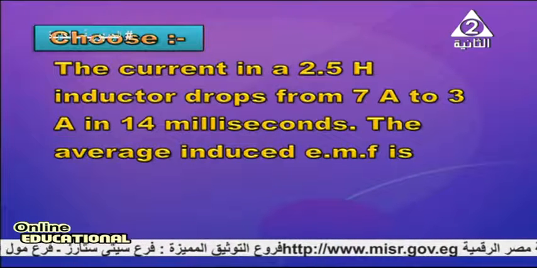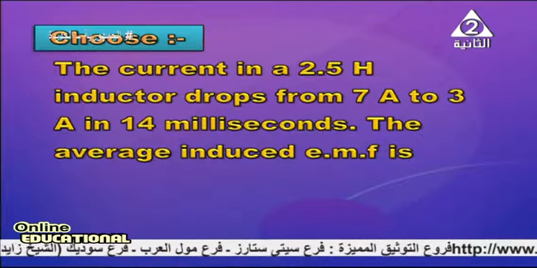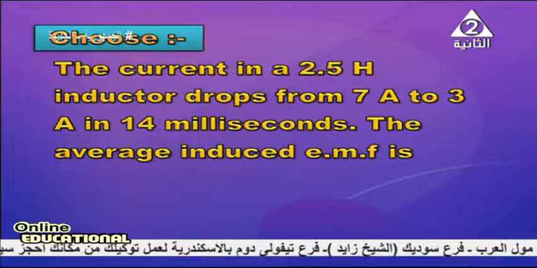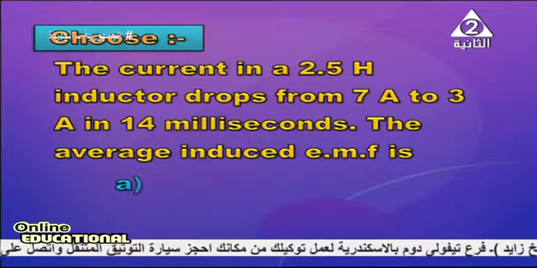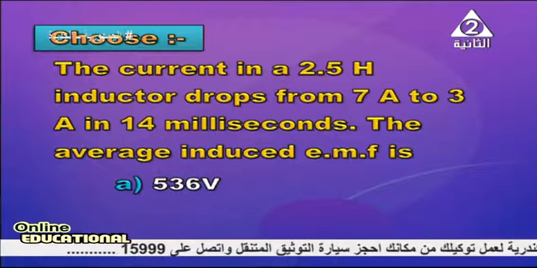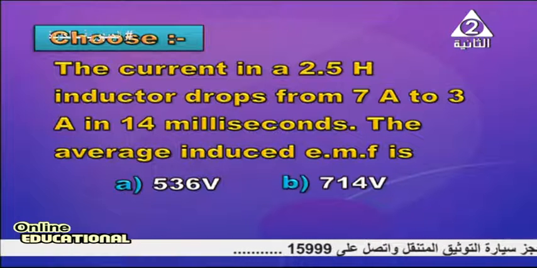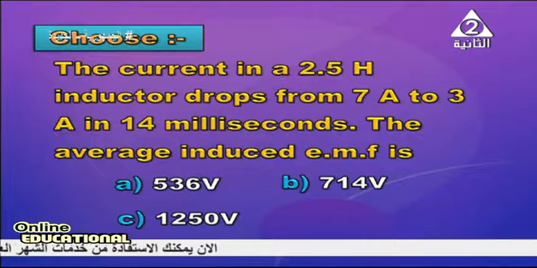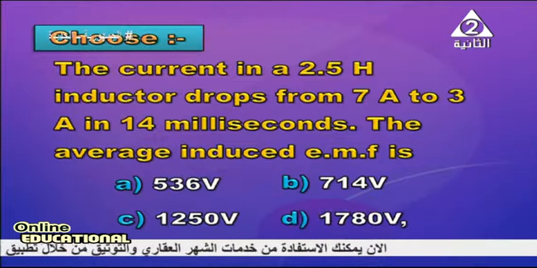Milliseconds should be converted into seconds, multiplied by 10 to the power of negative 3. The average induced EMF is it 536 volt, 714 volt, 1250 volt, 780 volt.